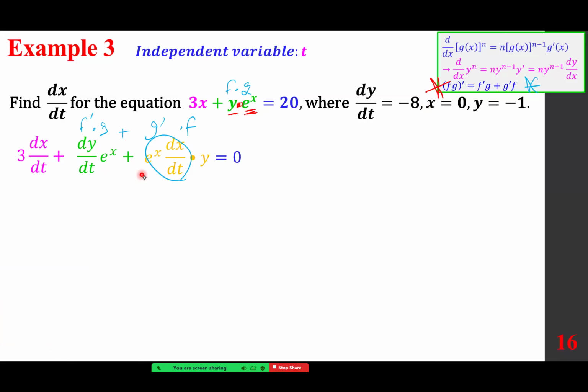So we plug in those values. Meaning dy/dt is replaced with negative 8, x is replaced with 0, dx/dt is missing, and y is negative 1. Anything to the power of 0 is 1, so this is 1.